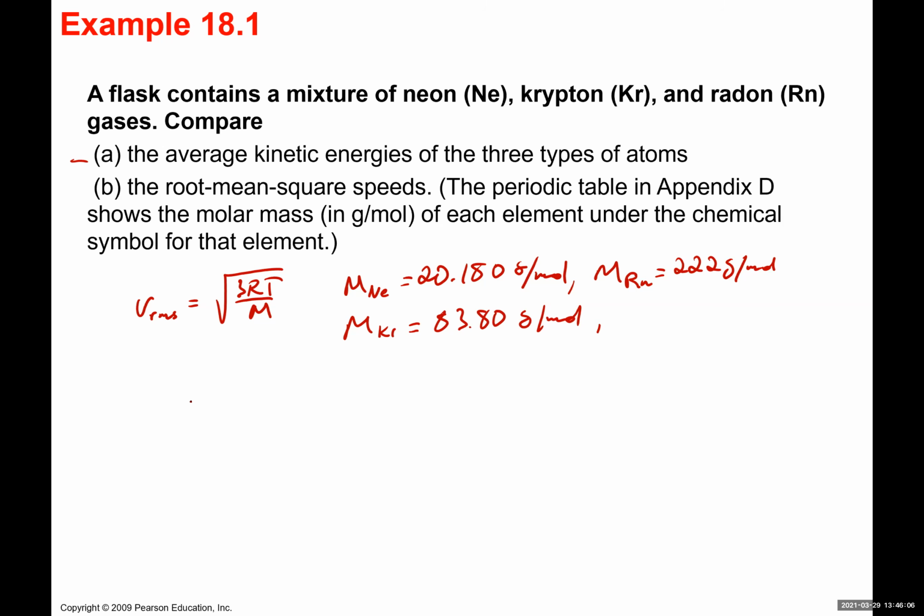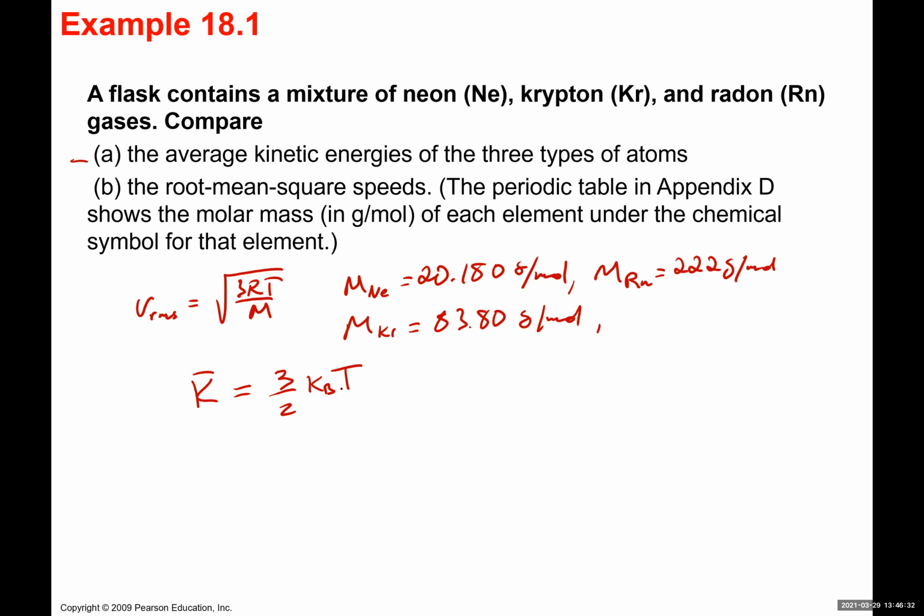Well, one thing we have is this. The average kinetic energy, remember, is equal to 3/2 kB times T, right? I like to write B right next to the k, so that it's the Boltzmann constant, not a spring constant or the other things that we use the k for. This is the Boltzmann constant.